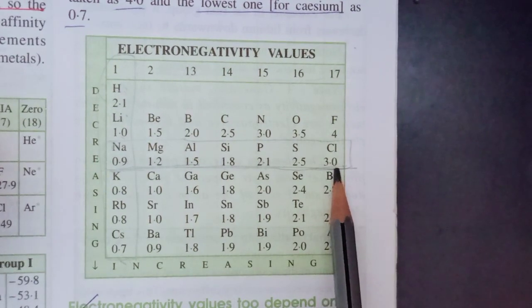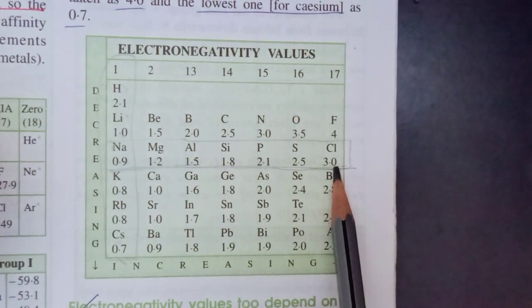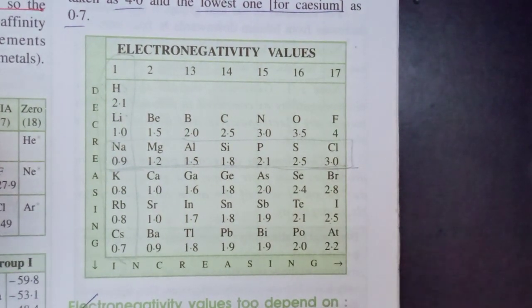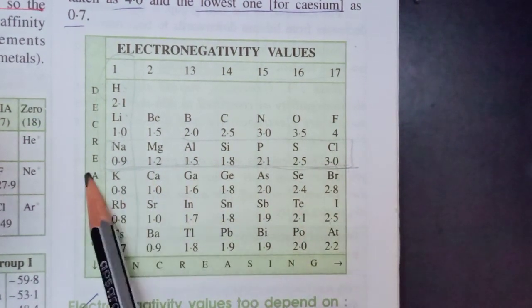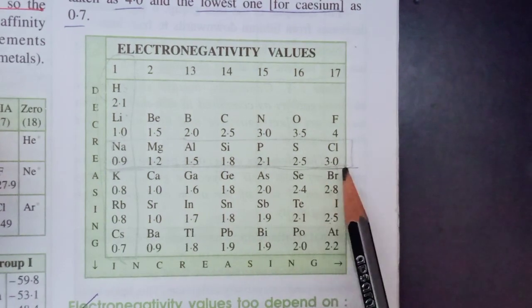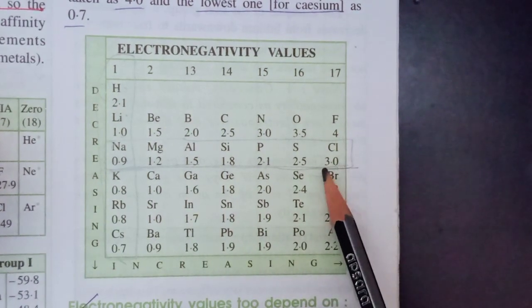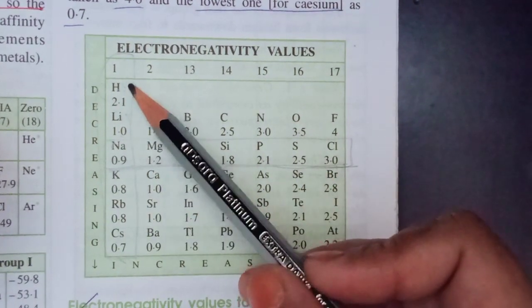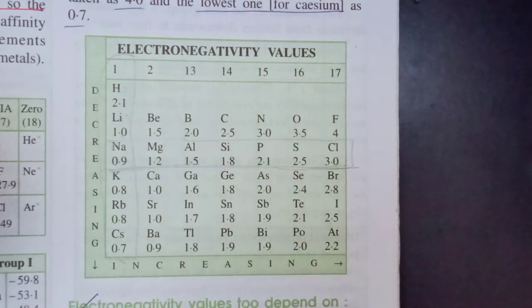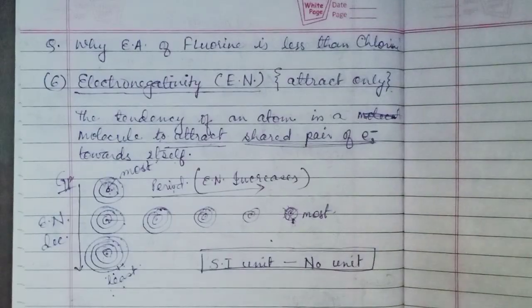That means the tendency to attract electron is increasing. The tendency to attract electron increases as we move from left to right, and decreases as we move from top to bottom in a group.